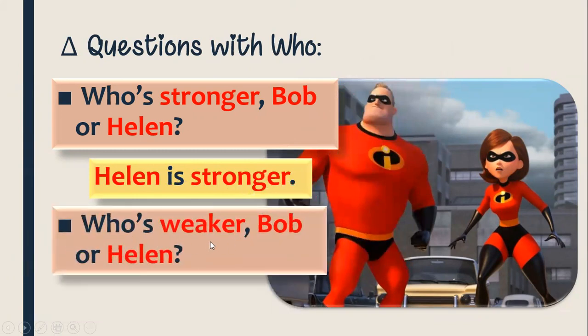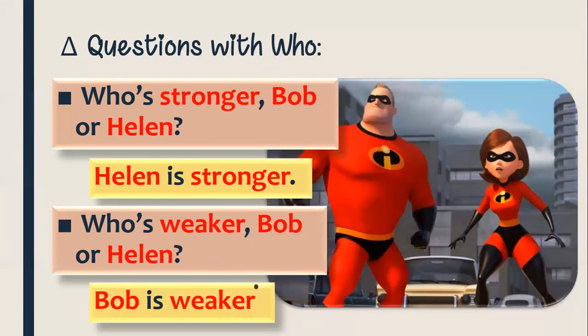Who's weaker? Weaker. Remember the word weak? Who's weaker, Bud or Helen? In this case, the answer is Bud. Bud is weaker. Bud is weaker.